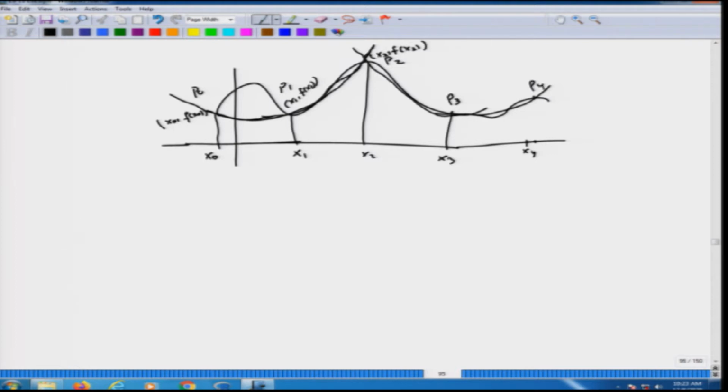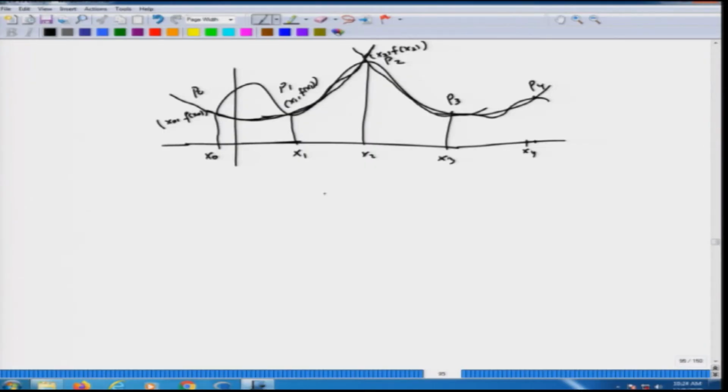Similarly, if we make our partition have an even number of parts, let us say a partition P, x naught less than x 1 less than x 2, going like this up to x of 2 L, an even number of points.